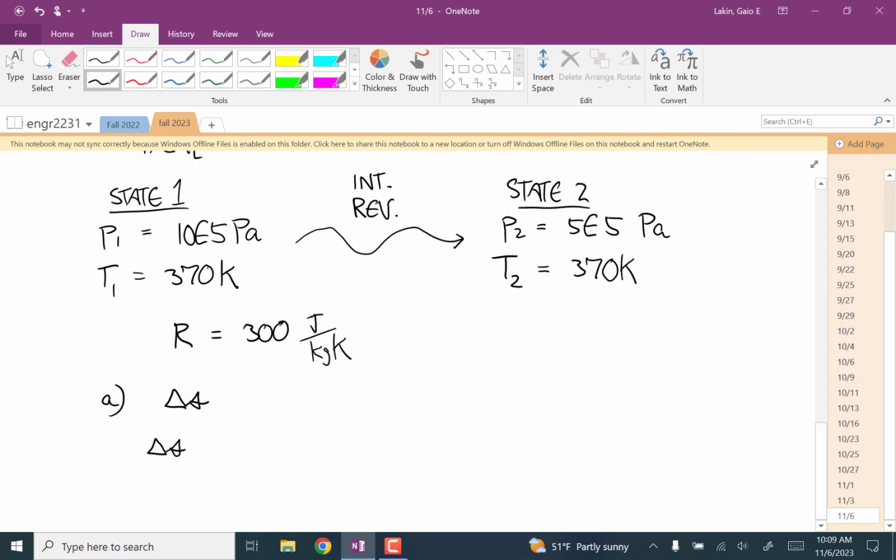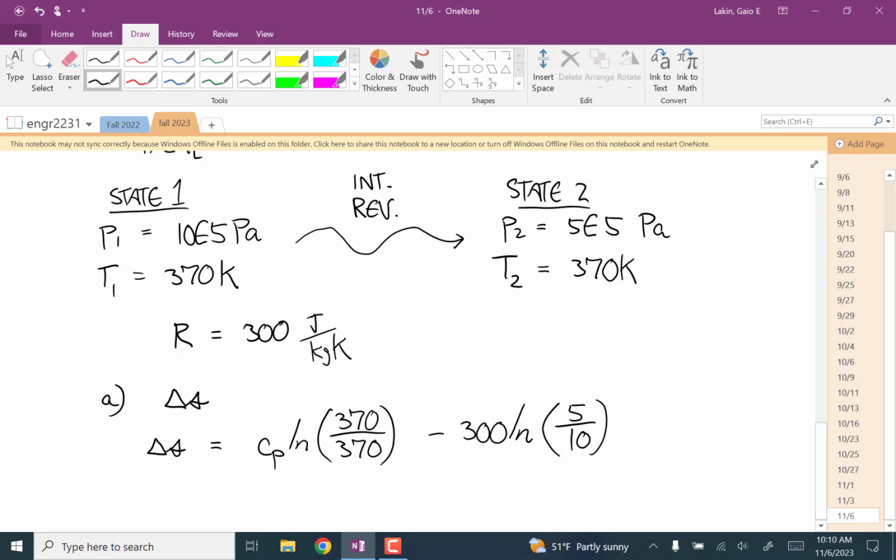So the change in specific entropy is equal to Cp times the natural log of 370K divided by 370K minus 300 times the natural log of the pressure at state 2 divided by the pressure at state 1.